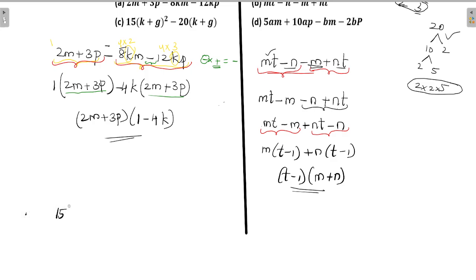15 times k plus g the whole squared, minus 20 times k plus g. The last one is 5am plus 10ap minus bm minus 2bp.